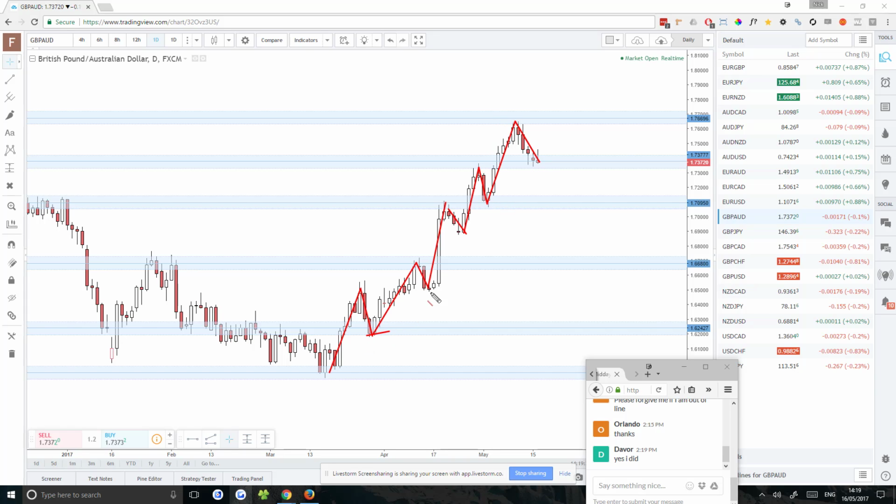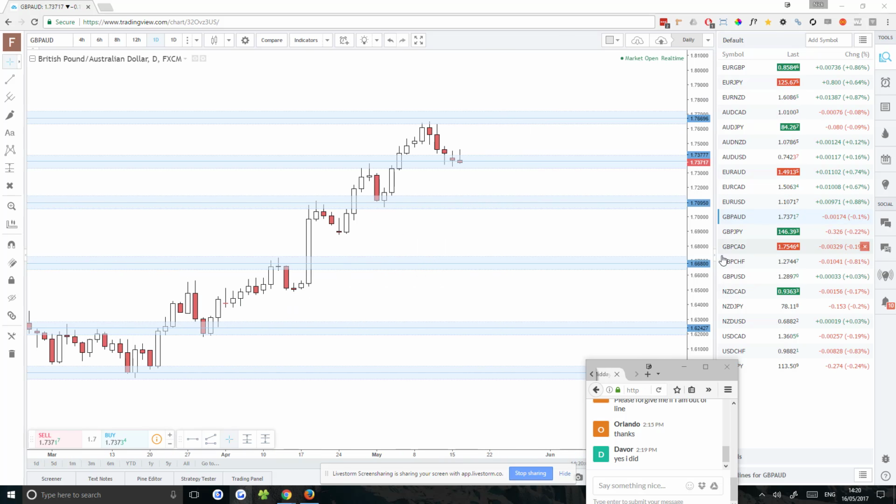So you can get in at these points. Well, obviously not these ones because they're not sitting on support resistance, but this one and this one you can get in for long trades. Now we're seeing potentially something else here that's gonna do that kind of pattern, where it comes down, tests the support area, then continues trending in the direction of the original trend. So we're seeing a potential setup here, potential long trade.